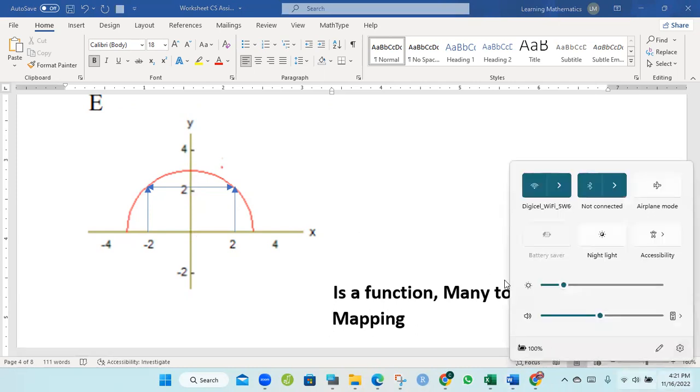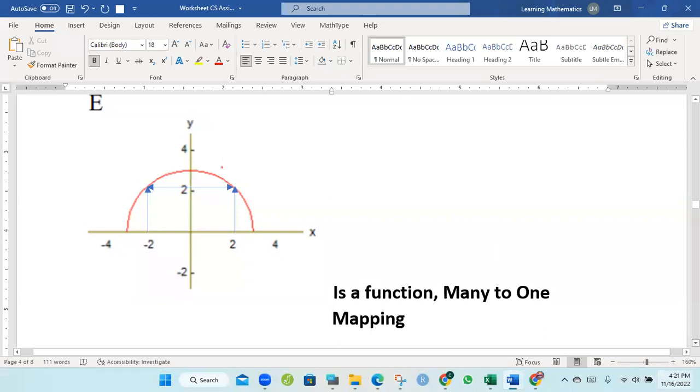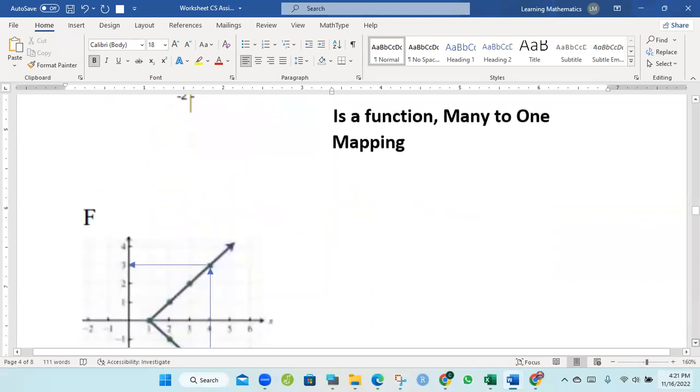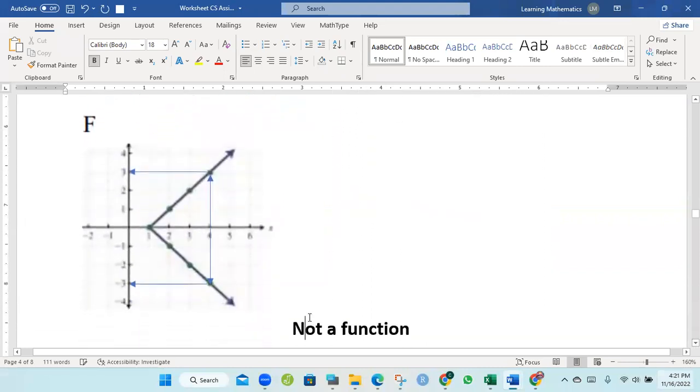Let's move on to F. Now, as you can see, 4 is going to many. 1 is going to many. You see that? 4 going to many. Same thing with 3. 3 is also going to many. So 1 is going to many.